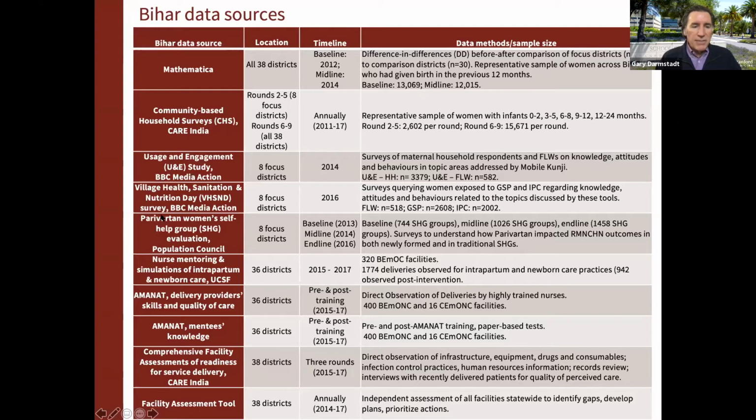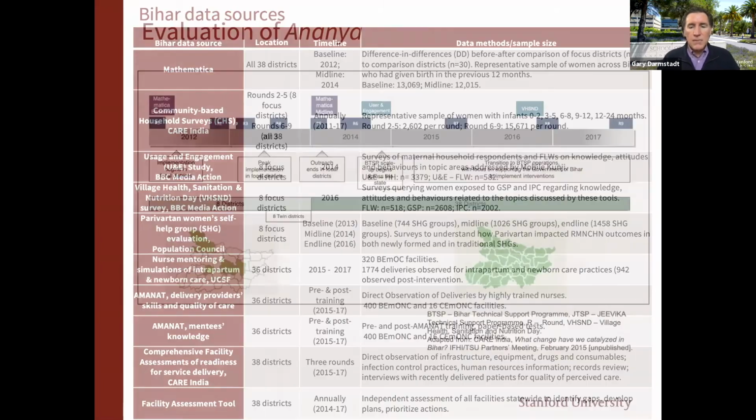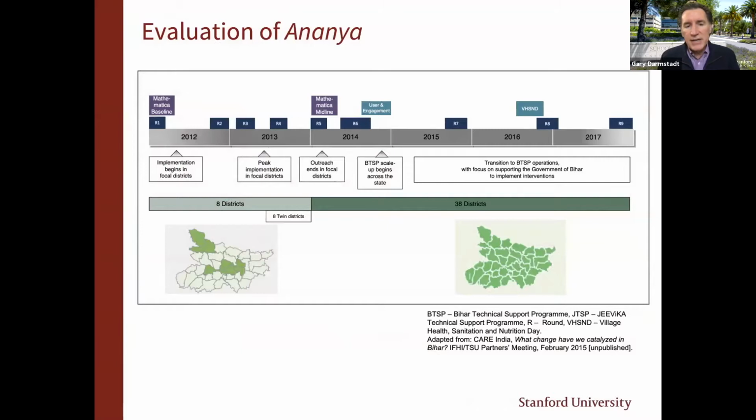Vicki will be talking about the behavior change communications data sets here. We had data on self-help groups. We had data on what was going on within facilities to improve quality. Here's the evaluation design. Again, 2 years of scale up in 8 focus districts here.